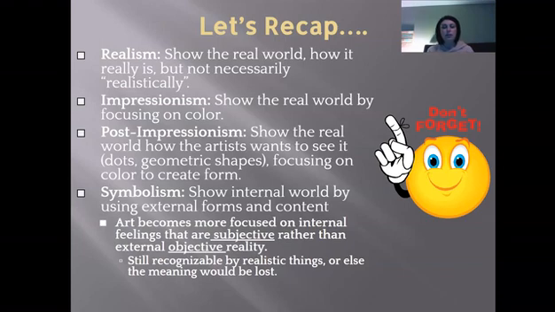Post-Impressionists use the world that we recognize. They'll still paint the world as we see it, but the way that they want to see it. Van Gogh saw it in energy and swirls and explosions of color. Cezanne sees it in geometric shapes. And then we get into Symbolism, where these artists are subjecting us to what's going on inside their head and their thoughts, and then using the objective world so that we recognize that.